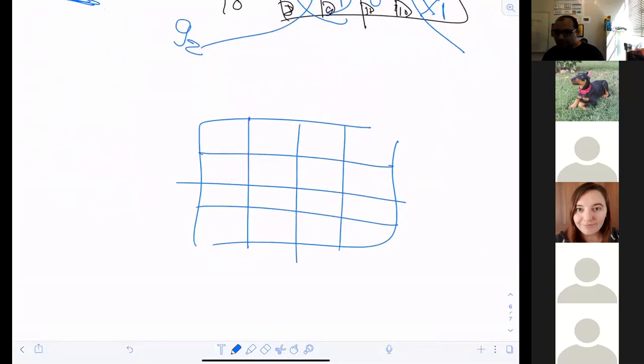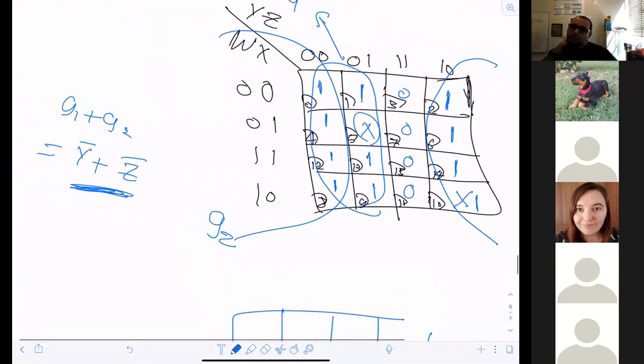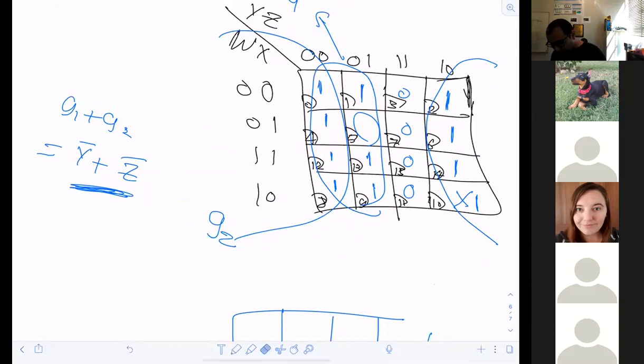Professor? Yes. I have a question. Why couldn't we replace both X by 1? Like the X at M5, if we replace it by 1, we still could have grouped it. One second, I'm sorry. This one you want me to put a 1 instead?